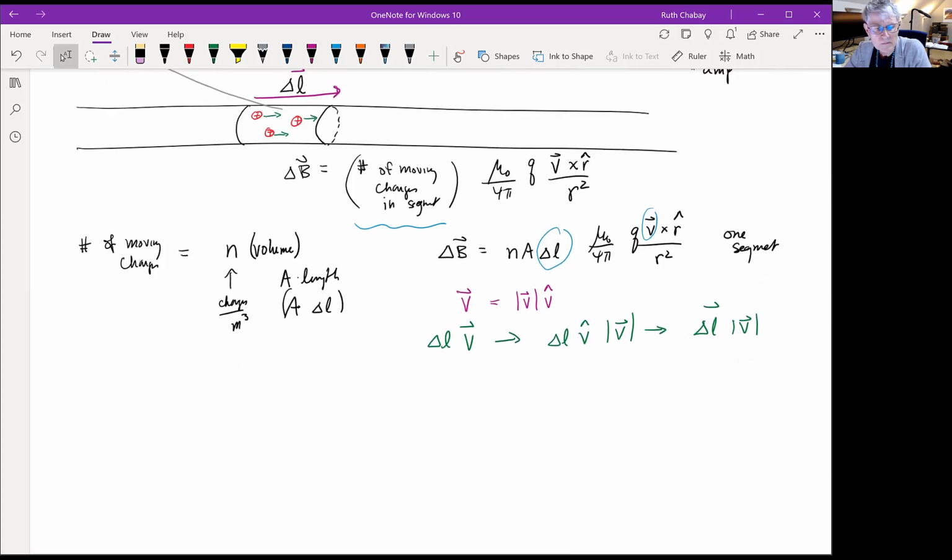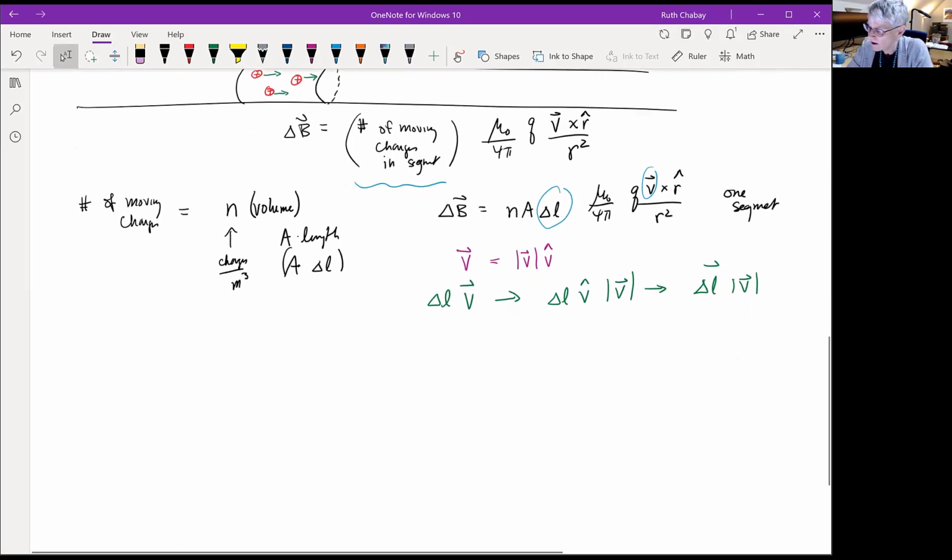And having done that, we can just rearrange this a little bit. So we're moving the magnitude of V out here and the magnitude of delta L into there.